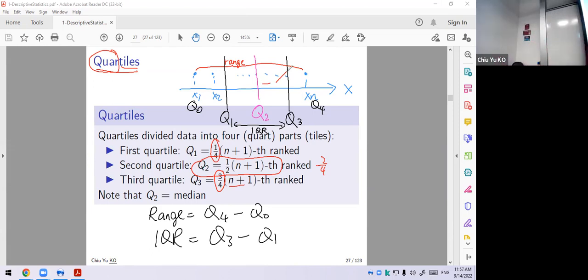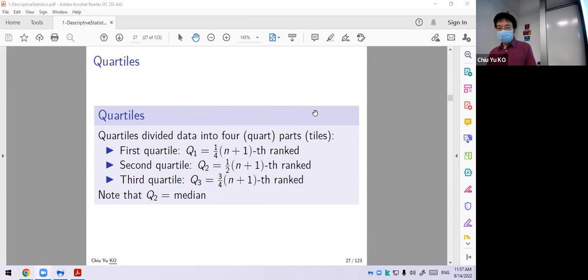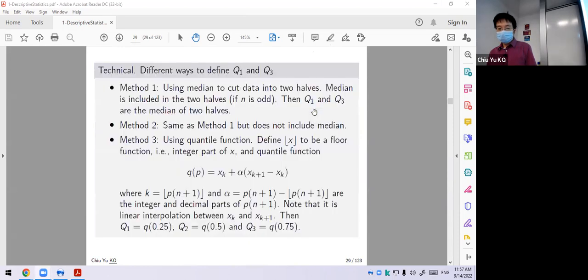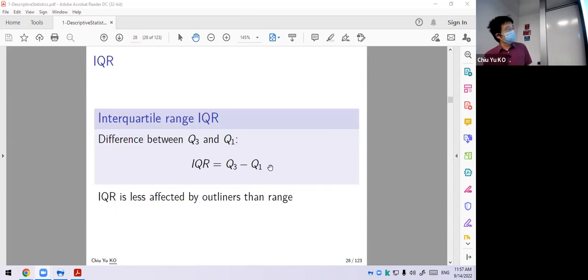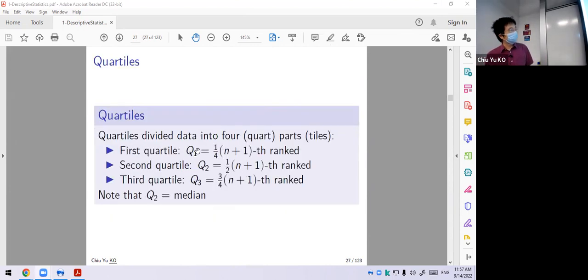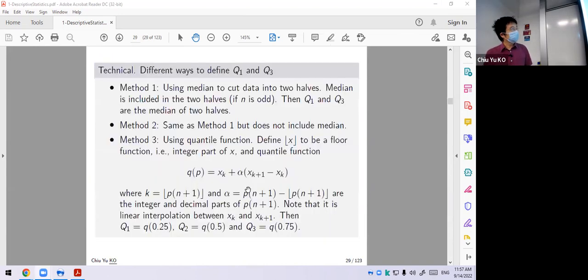How to define Q1 and Q3 is a little bit trickier, and we'll discuss that. But before we go, is that okay for the definition? I hope that is clear. There's no ambiguity for Q2. The thing is how to define Q1 and Q3 can be a little bit tricky.